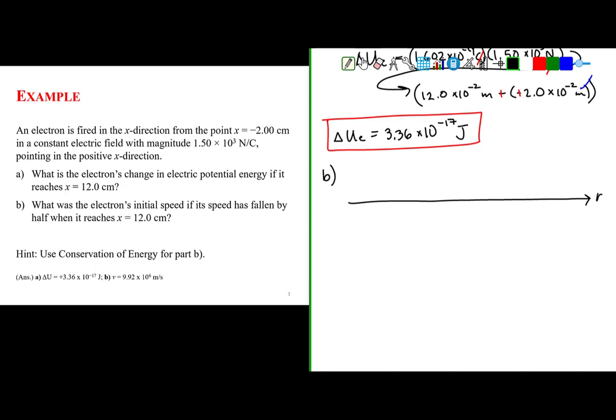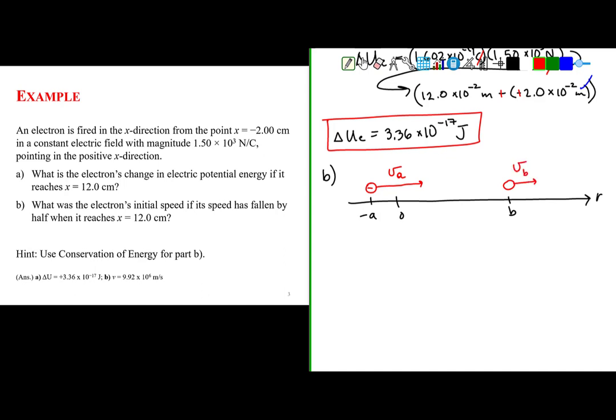Here is R, here is the origin, here is point A, or I should say rather minus A. Here is B. Our electron starts here with an initial velocity v naught, which I'll just call the velocity at point A. And our electron ends up here with a velocity that's smaller.